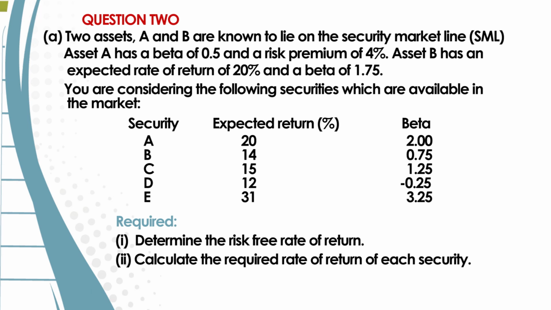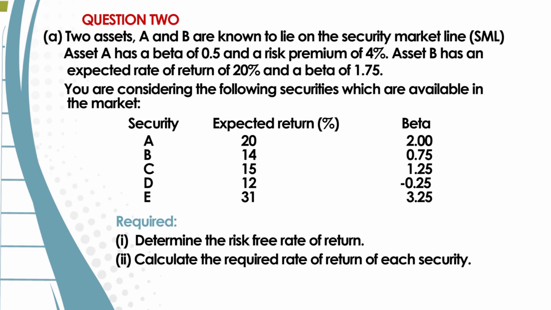There was a problem with the setting of the question here because that Roman 1 ought to have been part of what we have answered. Before you come to, you are considering the following securities which are available in the market.